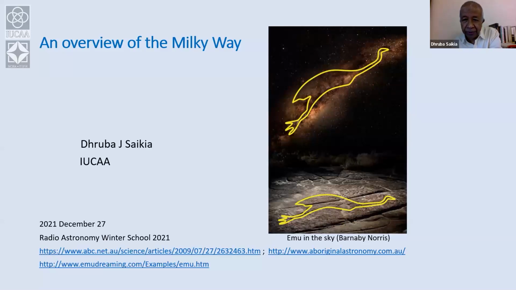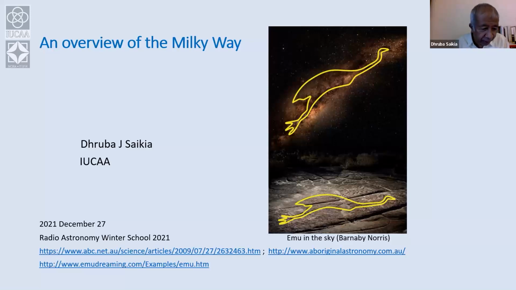And what it shows you is that this is when this part of the sky appears overhead sometime in August, and this is exactly a drawing which was done in Kuringai Chase National Park in northern Sydney, resembling this sort of emu in the sky. And this is the time when the emu lays its eggs. So this is a time for the indigenous population to also collect emu eggs, which was an important or a significant source of food as well.